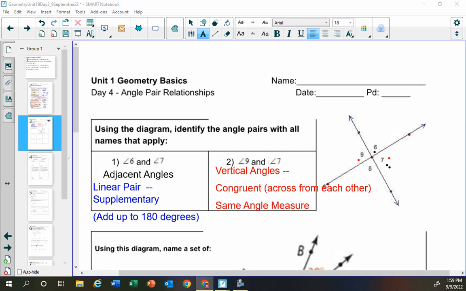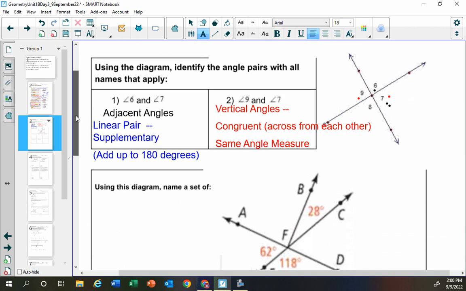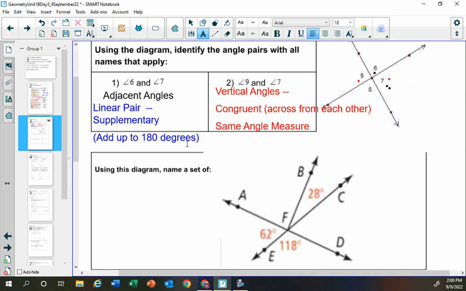Okay. So now what we're going to do, we're going to use this idea of linear pair, same measurement, because that's going to help us complete this activity down here, along with what we talked about on the earlier page.